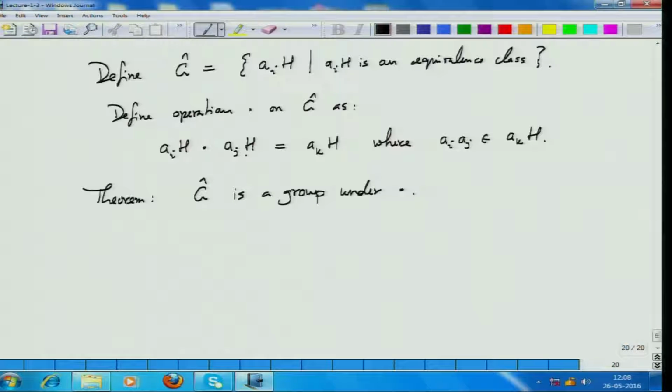This is an operation between two equivalence classes, which gives a third equivalence class AkH, and the definition is that AiAj is an element of the equivalence class AkH.